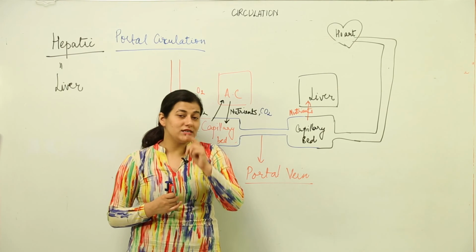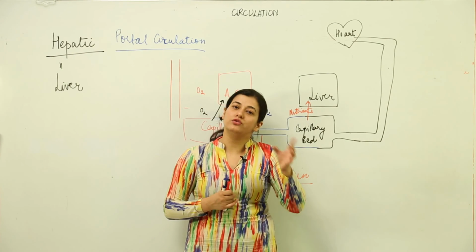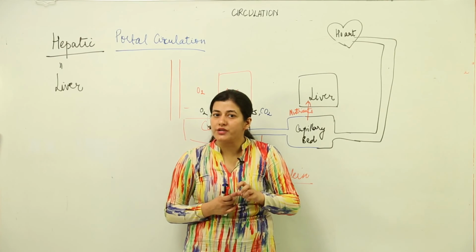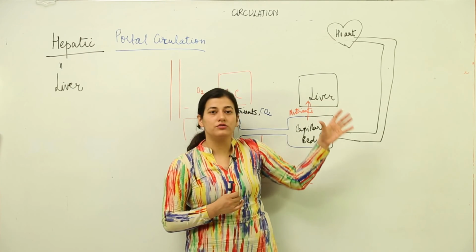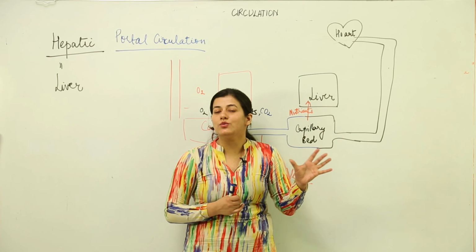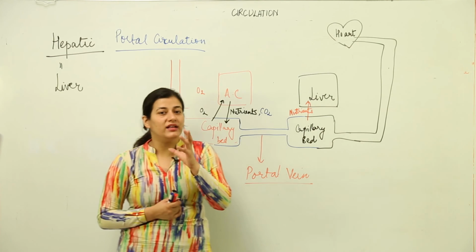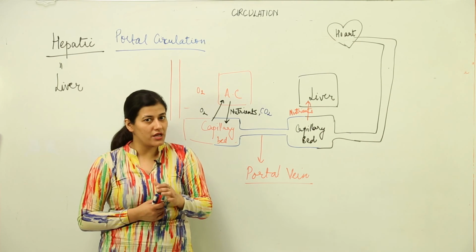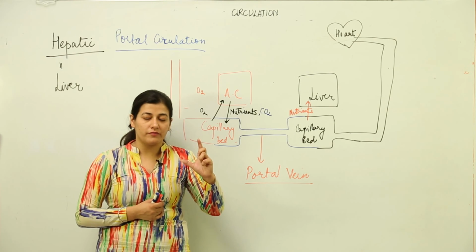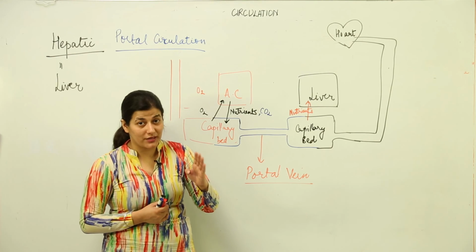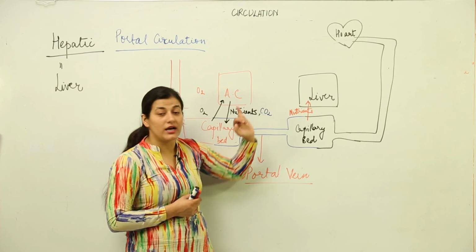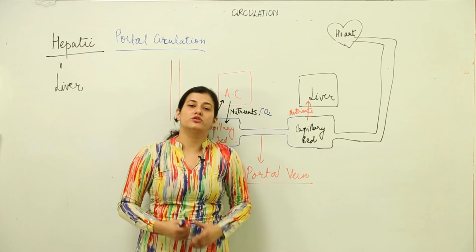Now that blood, instead of going to the heart, goes to the liver. The liver takes up those nutrients and then sends only the deoxygenated blood to the heart. So that is known as portal circulation, and the vein which carries the nutrients from the alimentary canal to the liver is known as the portal vein.